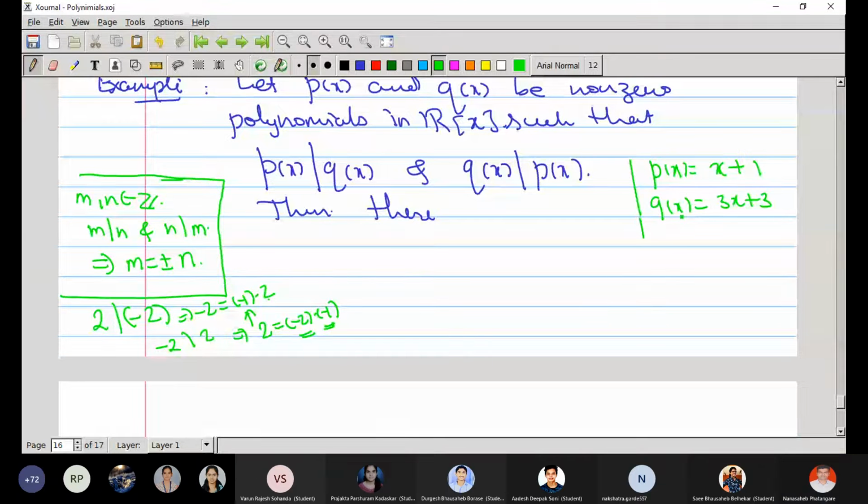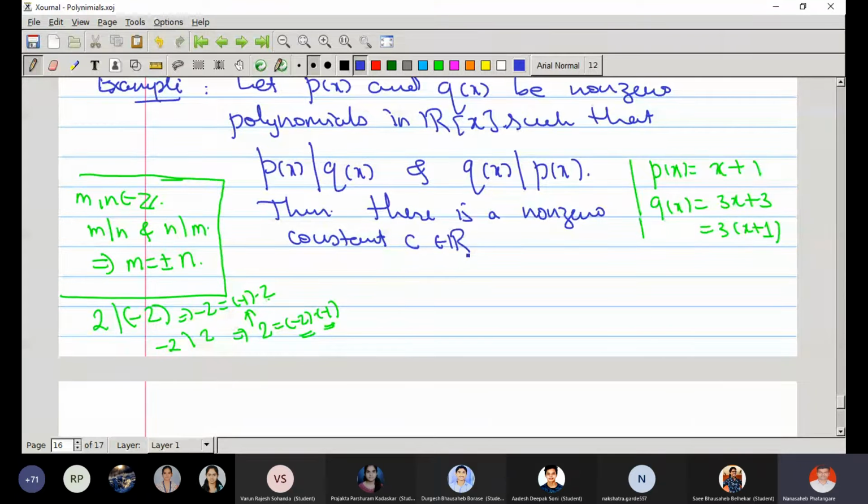So now do we understand? p(x) divides q(x) and q(x) divides p(x). Both conditions are valid in this case. So then there is a non-zero constant c, which is a member of the real numbers, such that p(x) is equal to this constant times q(x).